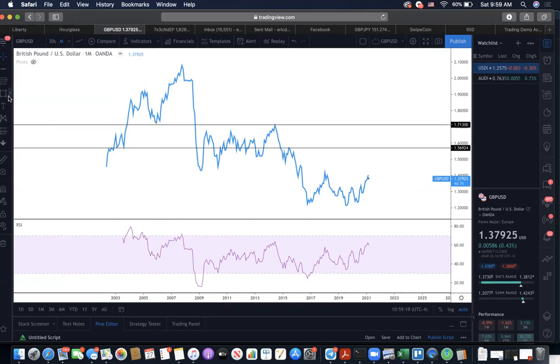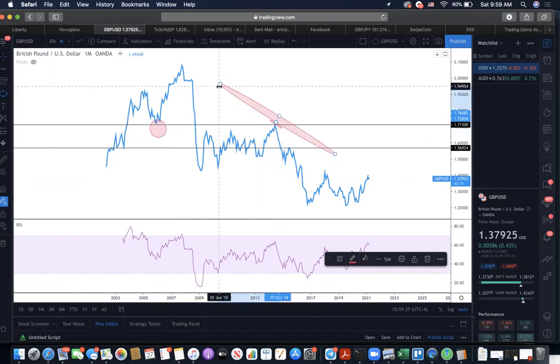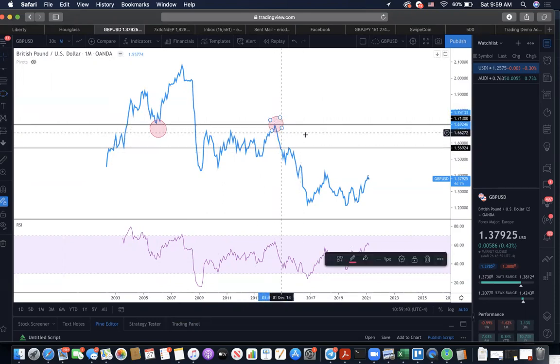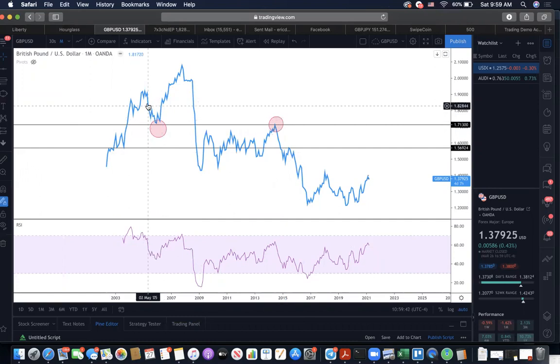The reason I plotted this point is because we have this area here, and this area, and this area right here. As you can see, price bounced off this area, broke through, came back to the same exact price and sold off.